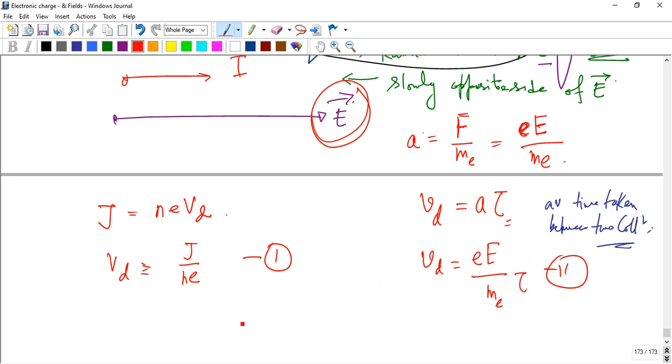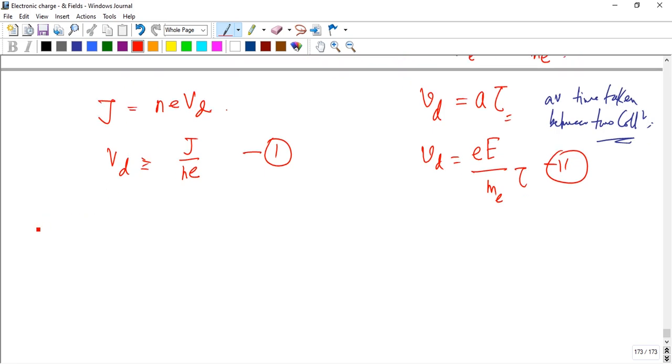Equating 1 and 2, we get J by n e equal to e times E by m_e times tau.